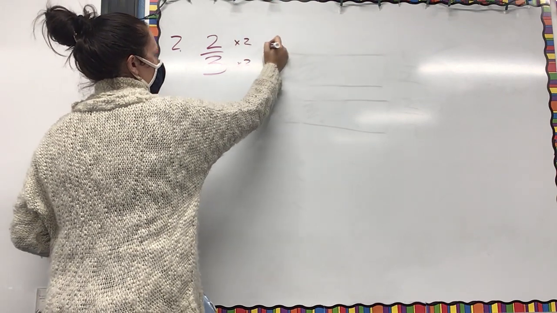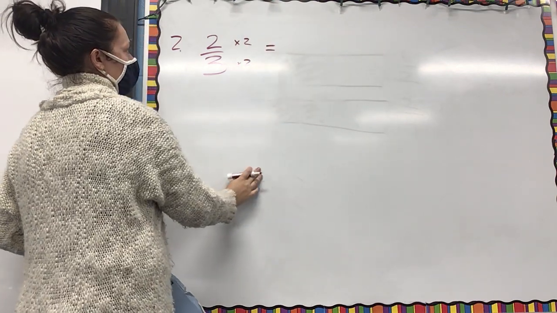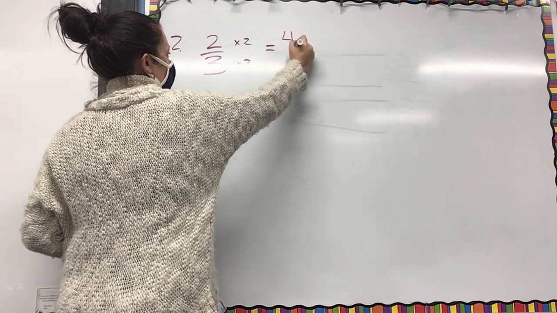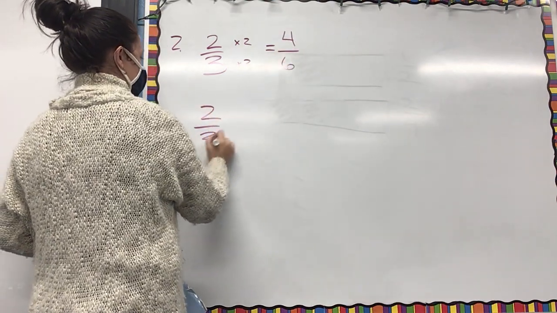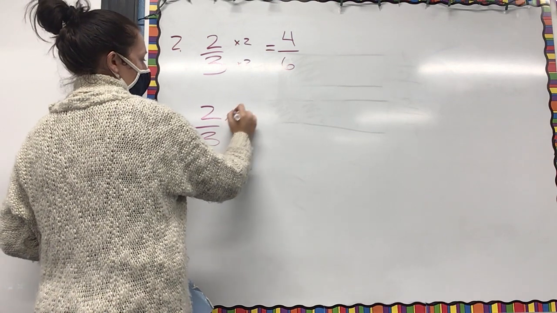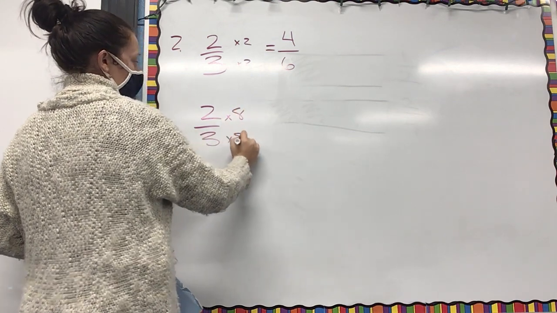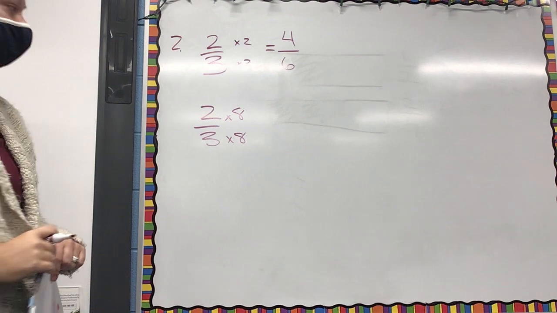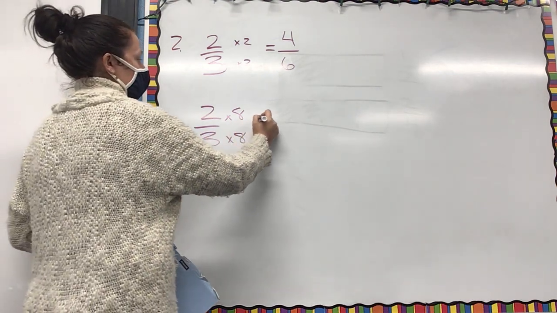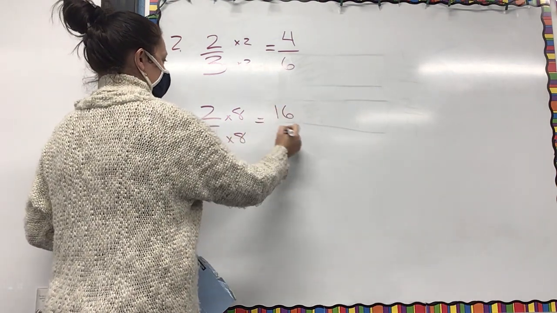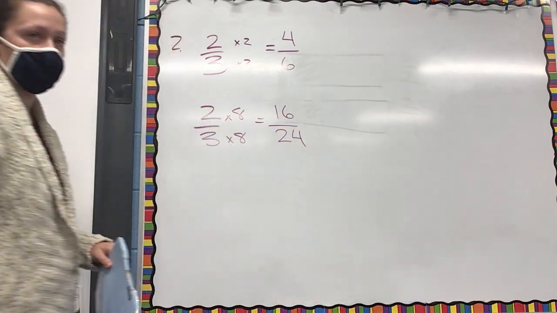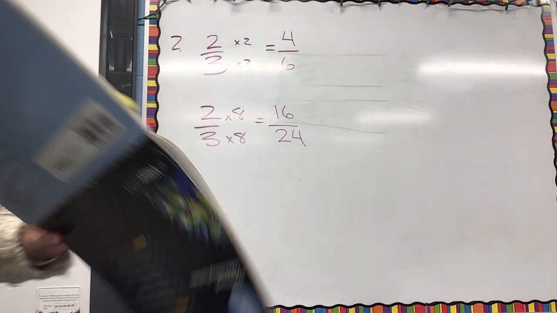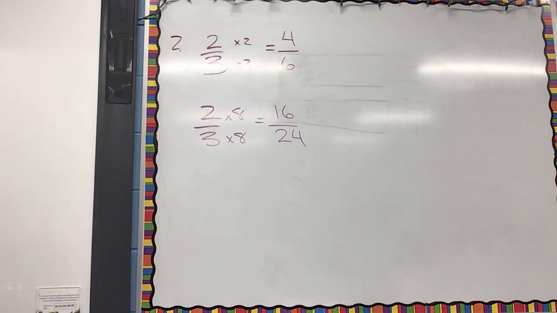I would make it easy for yourselves. 2 times 2? 4. 3 times 2? 6. You could do, let's say your favorite number is 8. You're still going to get an equivalent fraction. 2 times 8 is? 16. 3 times 8? 24. Still equivalent. I'm not telling you guys you can't do it. You can. It's totally up to you.